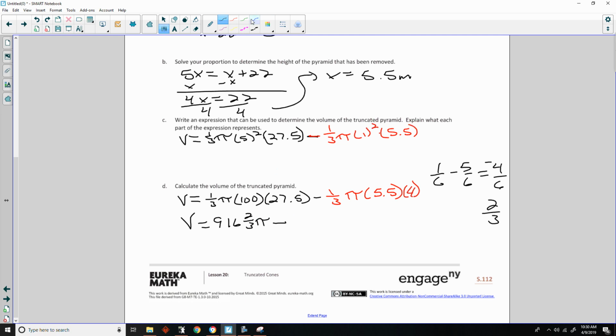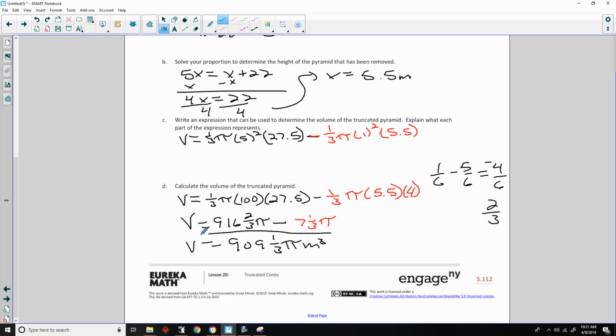Minus, and then 5.5 times 4 is 22 thirds, which is 7 times 3 is 21, 7 and 1/3. Okay, so then we get the volume equals 916 minus 7 is 909. And 2/3 minus 1/3 is 1/3 pi meters cubed.